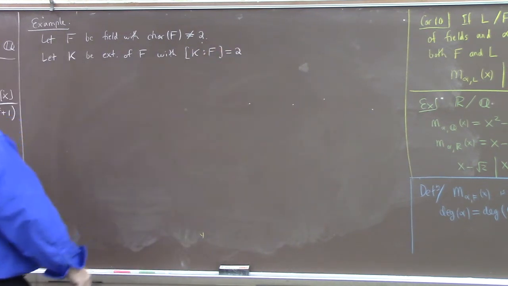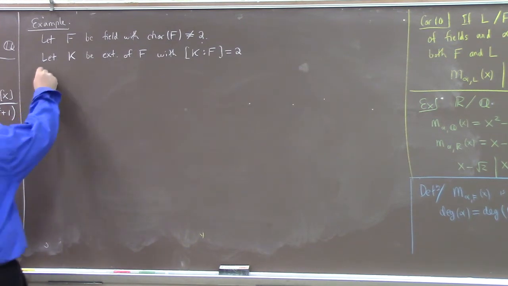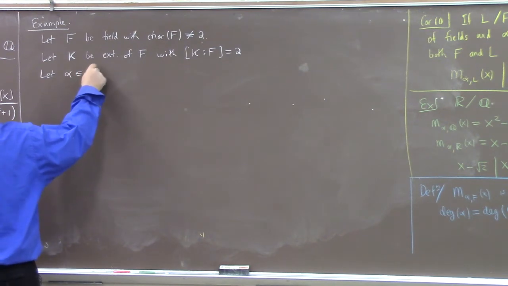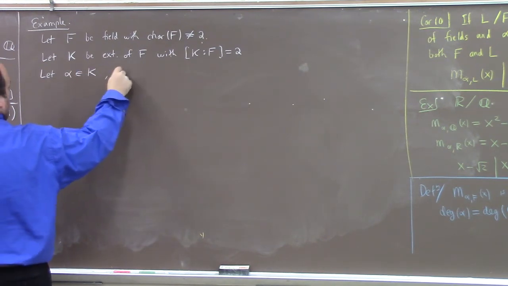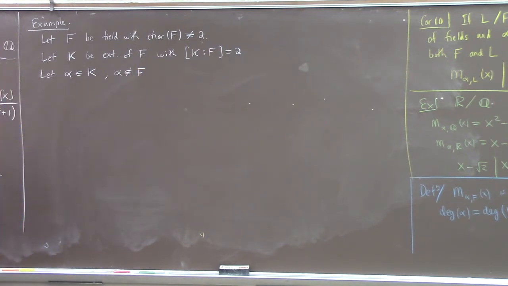Next, he says, let alpha be any element of K not contained in F. That would be like case b not equal to 0 in my previous sub-example.